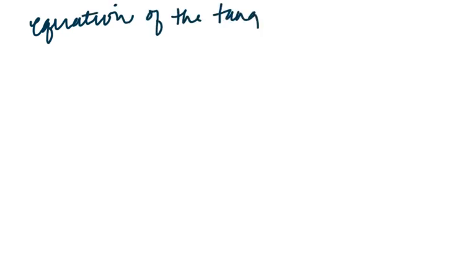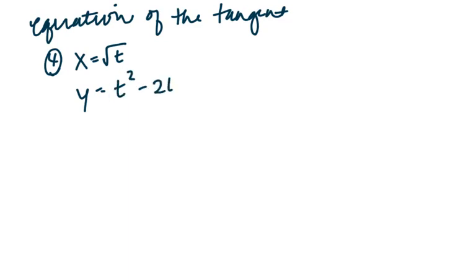The next set of problems say find the equation of the tangent to the curve. So we're finding the equation of the tangent to the curve. And we are given, for number 4 in your book, x equals the square root of t, and y equals t squared minus 2t, and t equals 4.